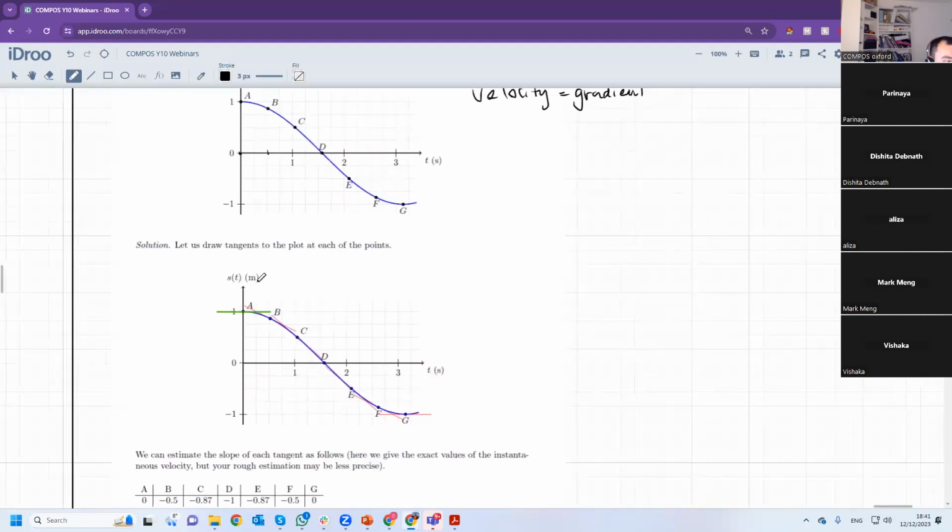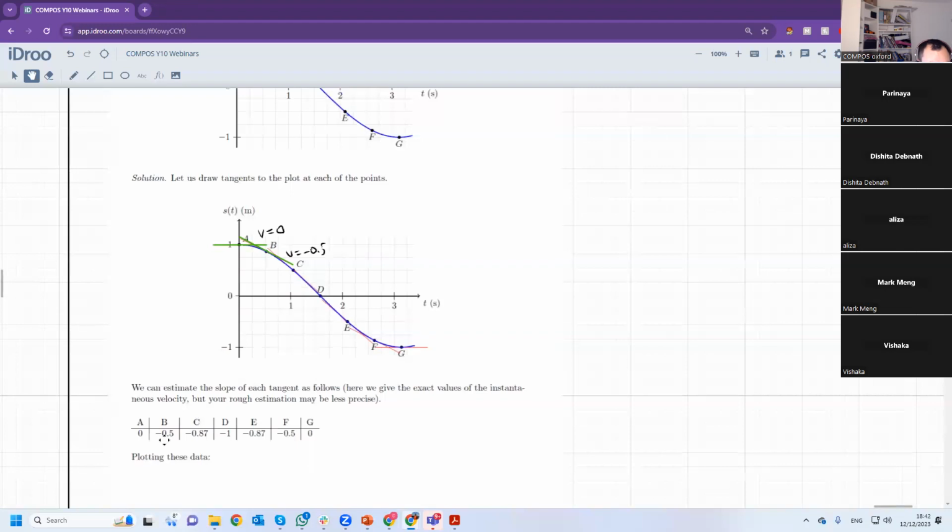That means the velocity is 0. If you draw a tangent at point B, it looks like the gradient of the tangent is minus 0.5. And yes, it does look true.